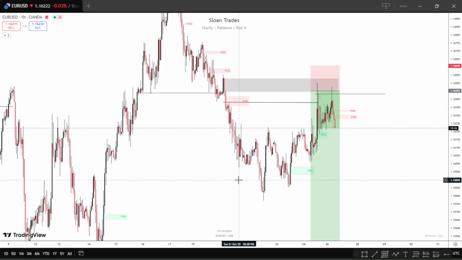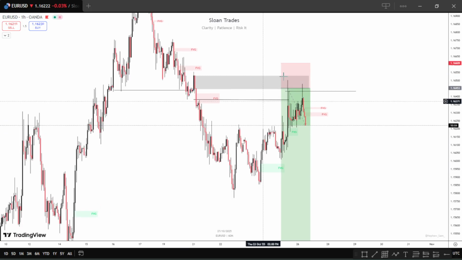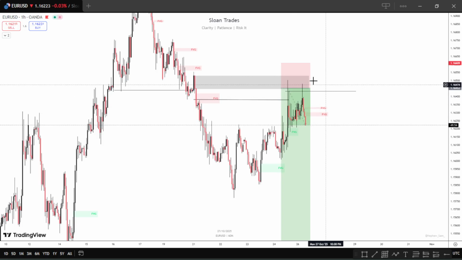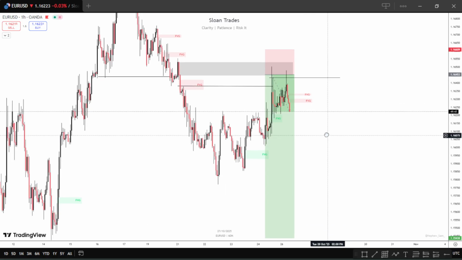Eventually it came back up, retested, dropped a bit, then came back to this for the second time, then retested on that particular candle. So even if you miss the first entry and you are active on this particular trade, you shouldn't miss the second entry. Eventually the market tapped into it, and now it is moving.